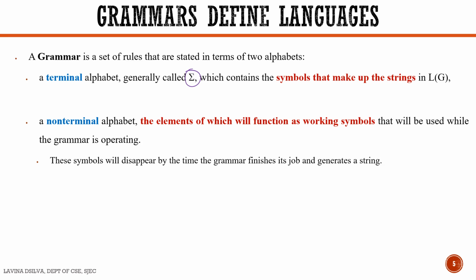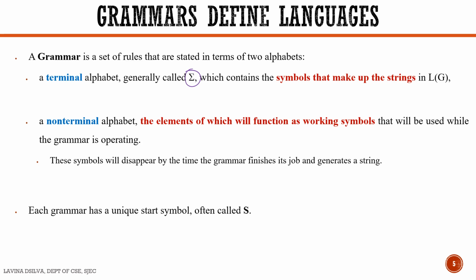So these symbols will actually disappear by the time a grammar finishes its job and generates a string. So while we derive a string, the non-terminal symbols will be present, and once the string is derived, they disappear. By this we mean that non-terminals will be replaced by the terminal symbols.